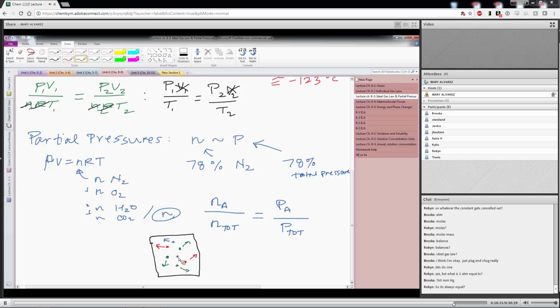I'm putting arrows just to indicate that they're moving. They're not just floating around, but they're actively moving. And if you stop to count all these, you'll see that in this container, I have 5 blue particles for every 3 green particles for every 2 red particles. Everybody follow me there?